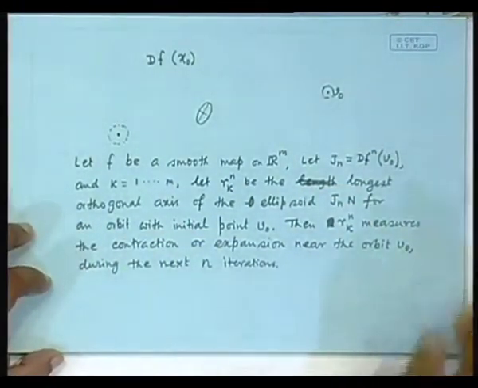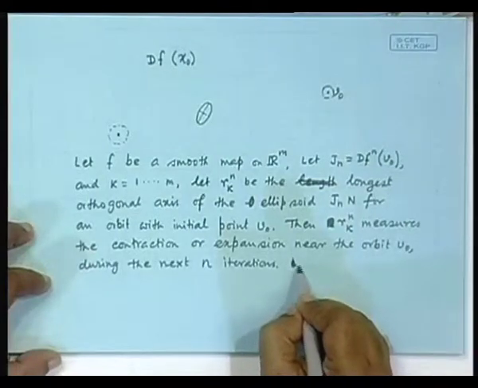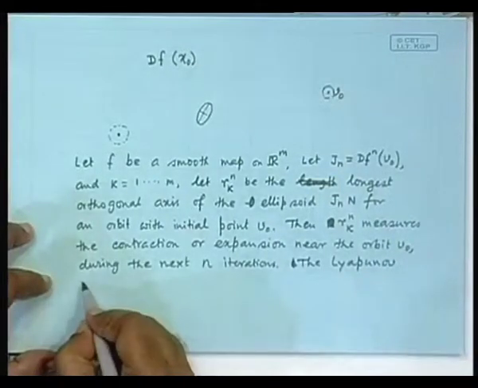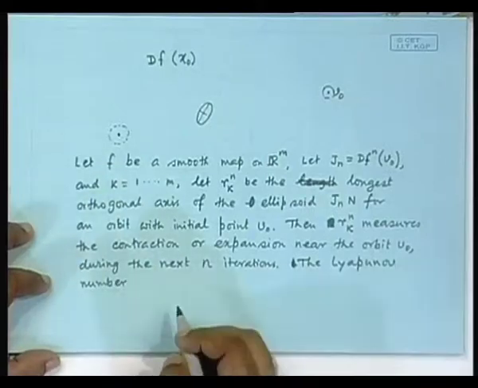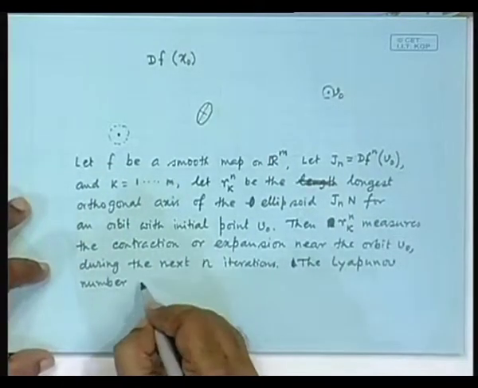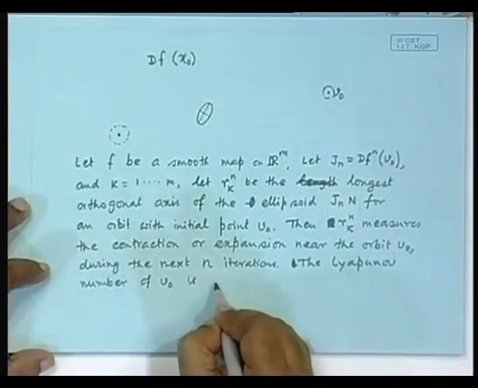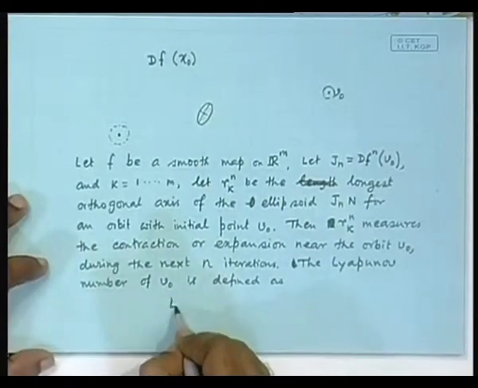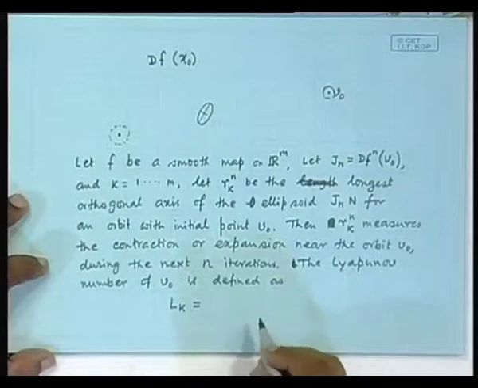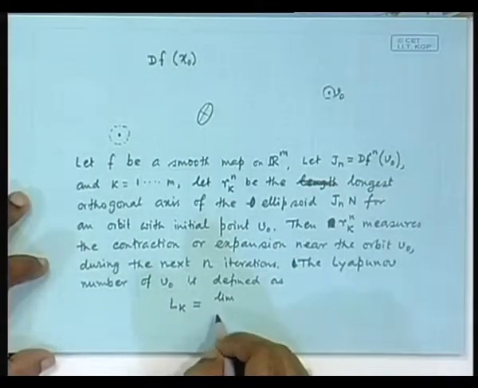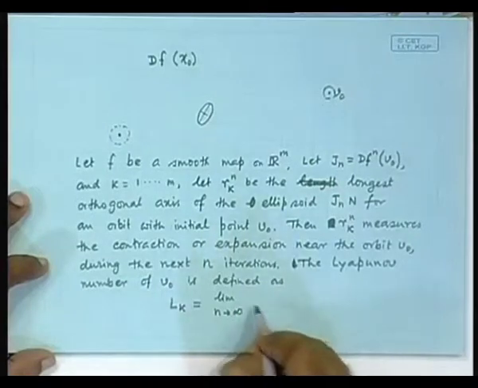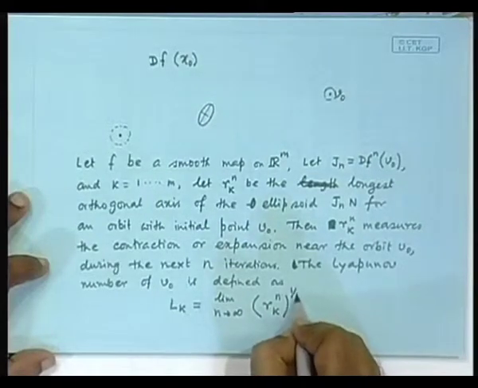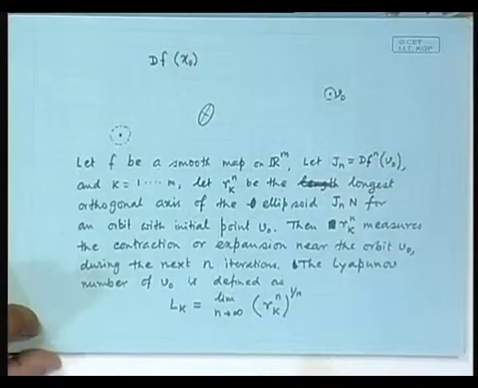Then the Lyapunov number of the point V0 is defined as the limit... Okay.